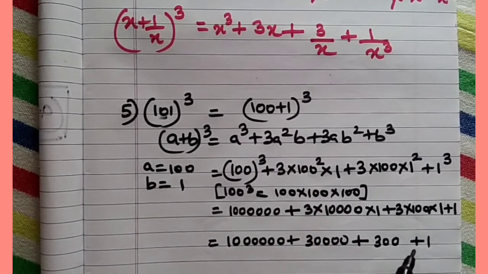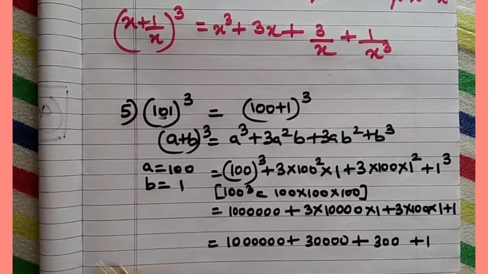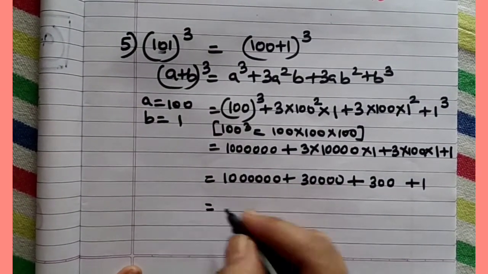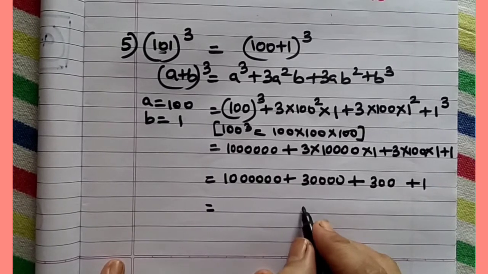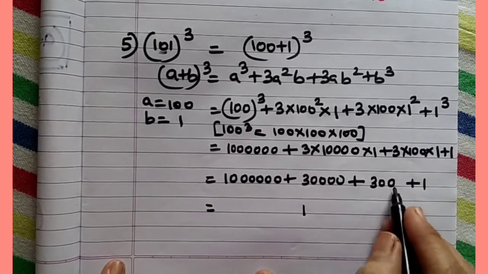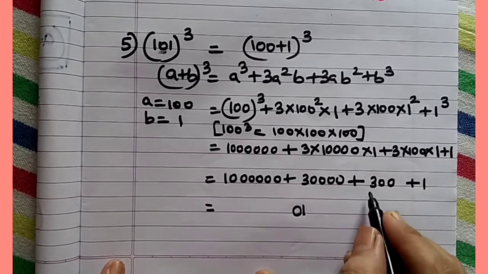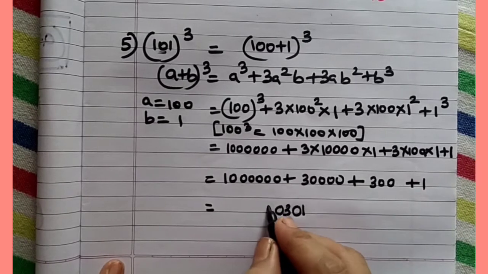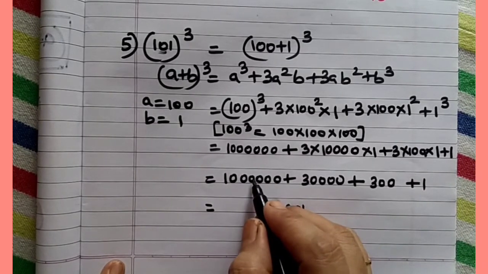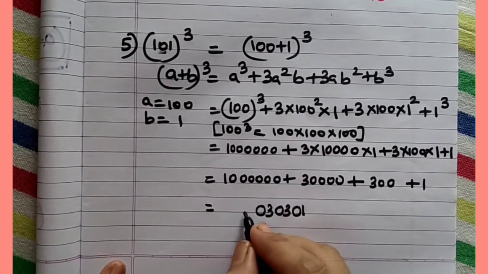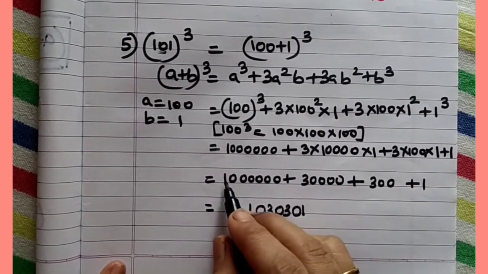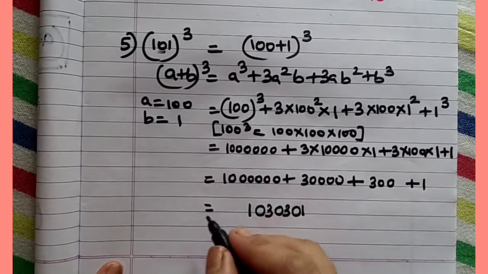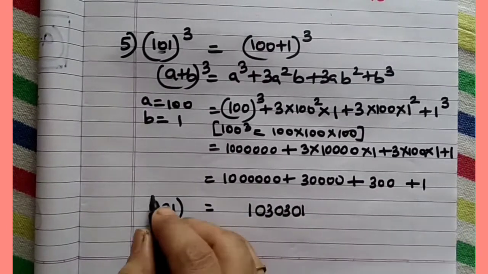Here also we should have 4 terms, and then we will be doing the addition. While doing the addition, you can write one below the other, or if you can do the addition like that only, you can do. So it will be what? Here it will be 1, second will be 0, third will be 3, fourth will be 0, fifth will be 3, then sixth will be 0, and seventh will be 1. So 1, 2, 3, 4, 5, 6, 7. This will be our answer for 101 whole cube.